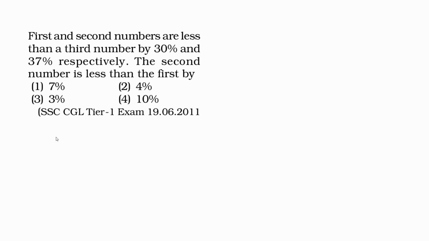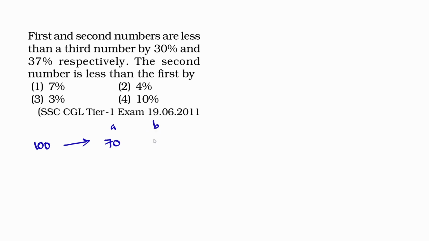First and second numbers are less than a third number by 30% and 37% respectively. So the second number is less than the first by what? We'll have to assume the third number as 100 for simplicity's sake. The first number would be 30 less than 100, that is 70.